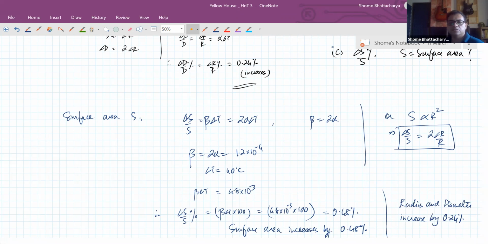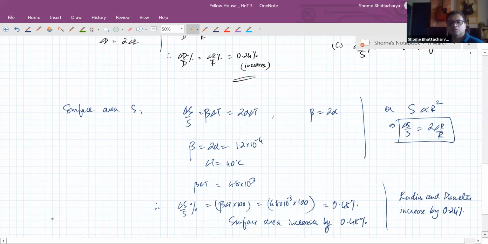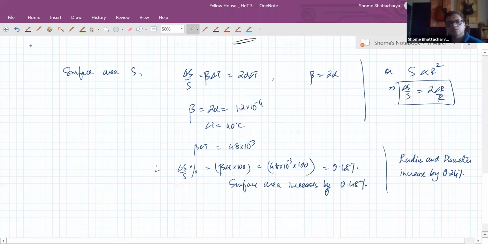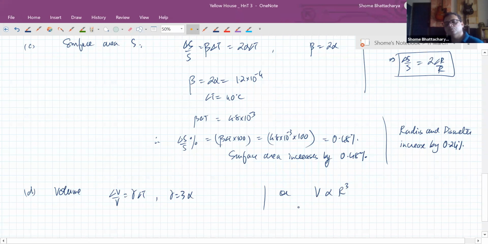Yes, that's correct, Kanishk. Very good. So the volume will increase according to gamma delta T. Similarly, when it comes to the volume, we can use this, or we can use the fact that volume is proportional to R cube.